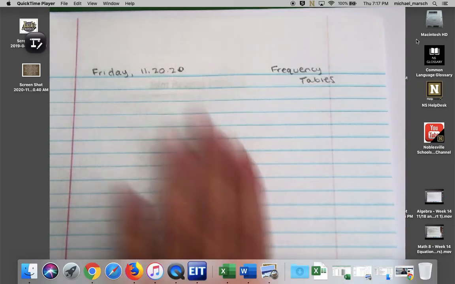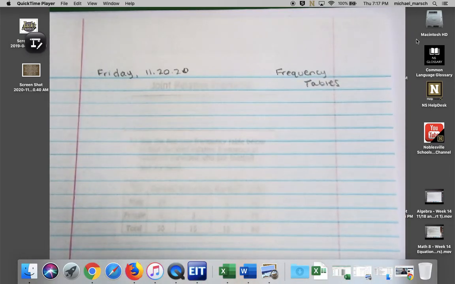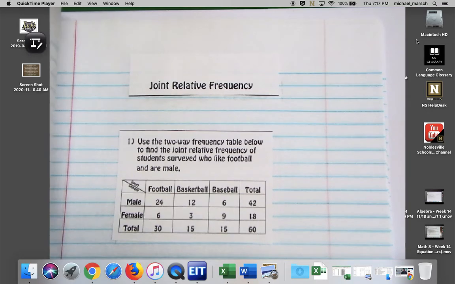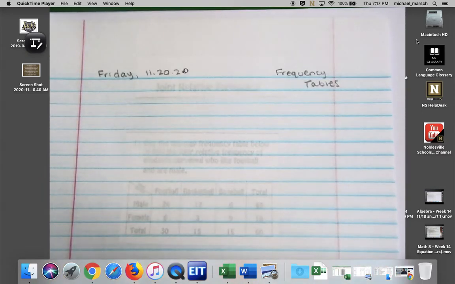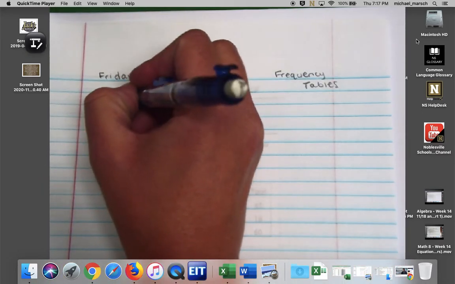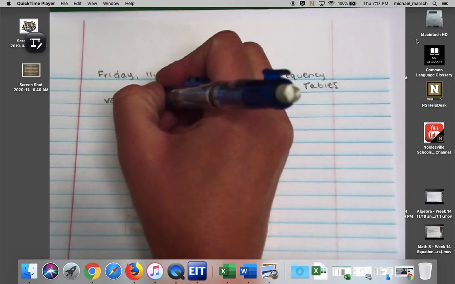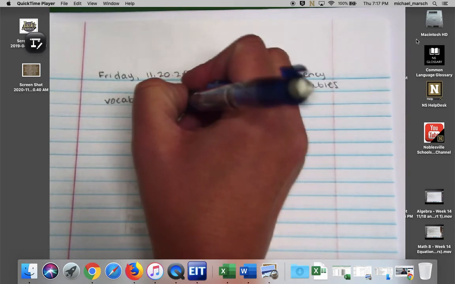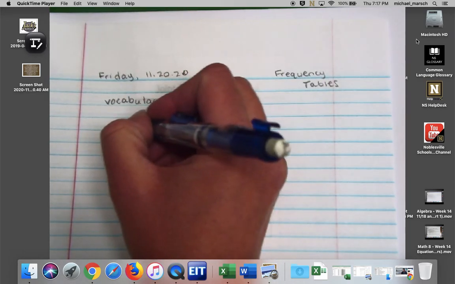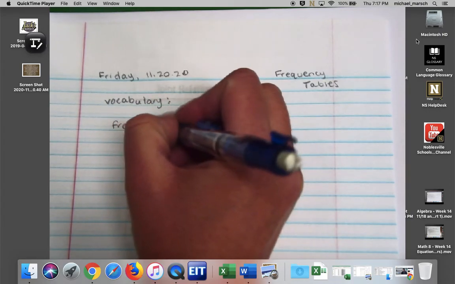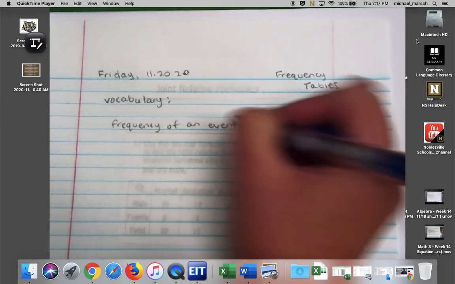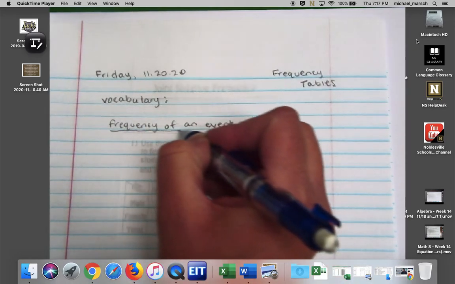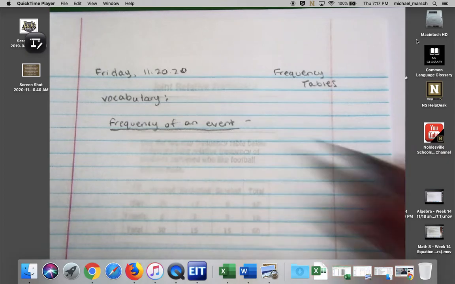So frequency tables. Hopefully you were able to get all this glued in accordingly while you were home yesterday. We're going to start out with this blank page. We have some vocabulary about frequency tables. Frequency of an event is our first vocab. It's actually our only vocab.